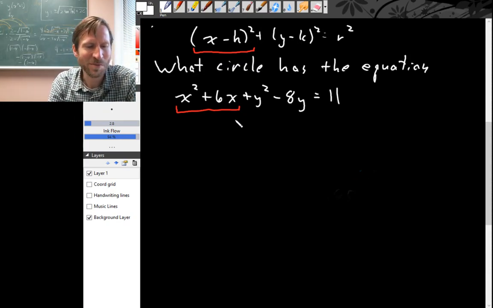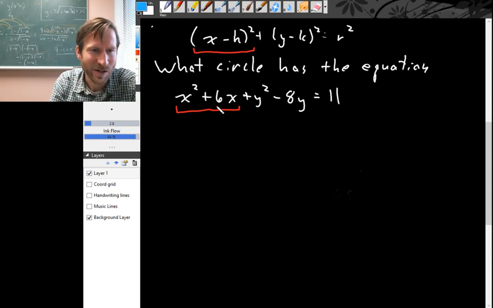So the trick for completing the square is we're going to take the coefficient on our x term. I should say this trick only works if the coefficient on your squared term is 1. And for us it is, because it's just x squared by itself, that means it's 1 times x squared. So we can do this trick.